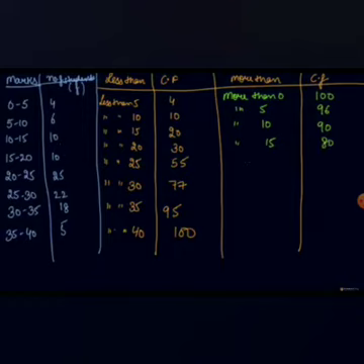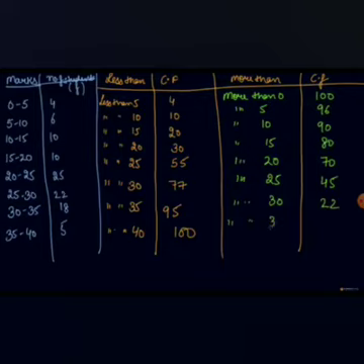That is 80. More than 20. Students who have scored more than 20 are these, so 80 minus 10 is 70. More than 25, so 70 minus 25, that is 45. More than 30, 45 minus 22, that is 23.